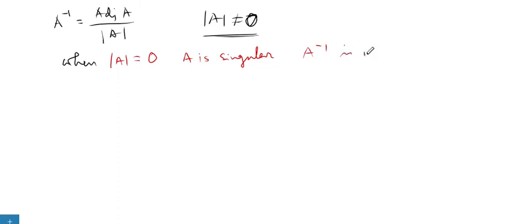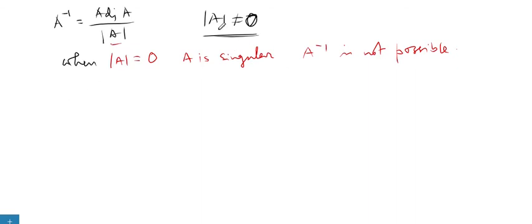Why? Because we cannot divide anything by 0.